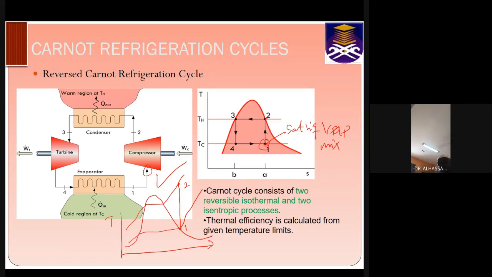If you compare to the reverse refrigeration cycle, the fluid is compressed immediately to the saturated vapor state. Another weakness is that here we have a turbine. The fluid that enters the turbine at state 3 is at the saturated liquid state. If you feed a turbine with a saturated liquid, the work output W will be almost equal to 0.